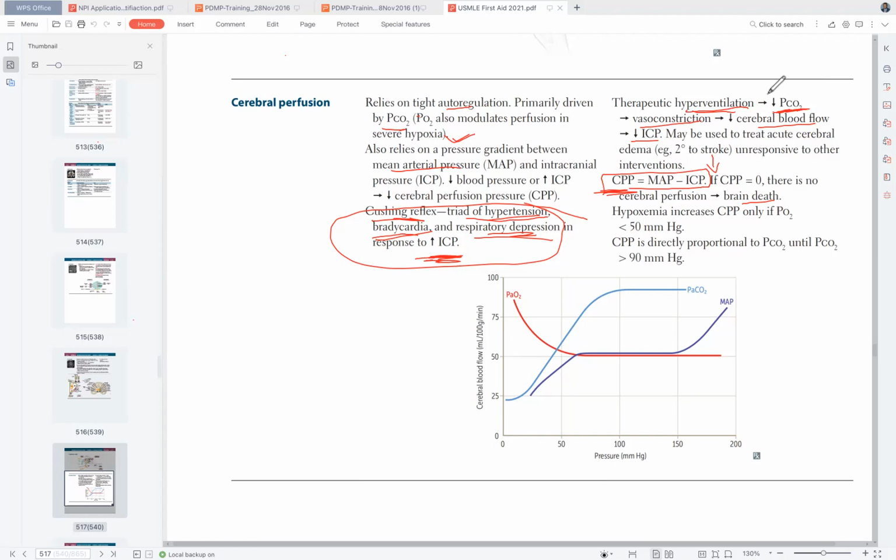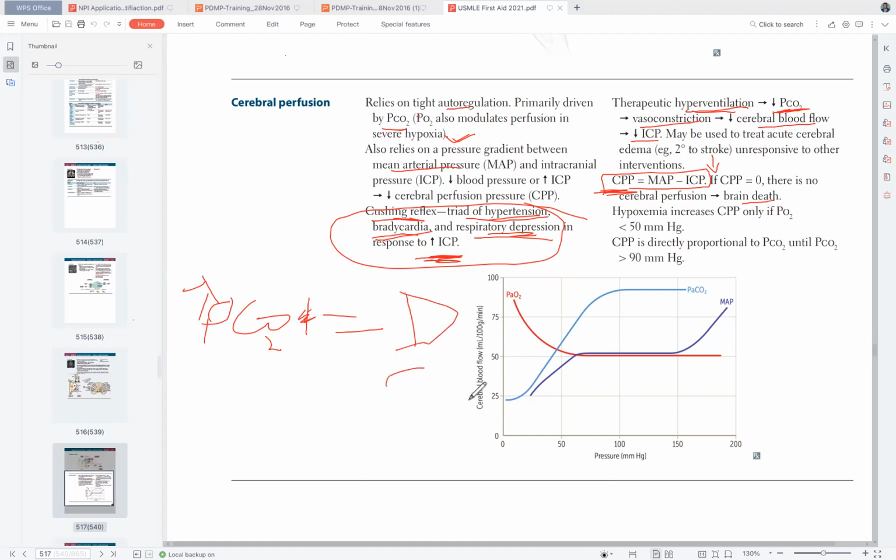PCO2. The way I think about it: in the lungs, if you have increased PCO2, you have vasoconstriction. Is that correct? No, you have vasodilation, sorry, because it's opposite to this. If you have increased CO2 in the lungs, you have vasodilation. In the brain it is the opposite: vasoconstriction.